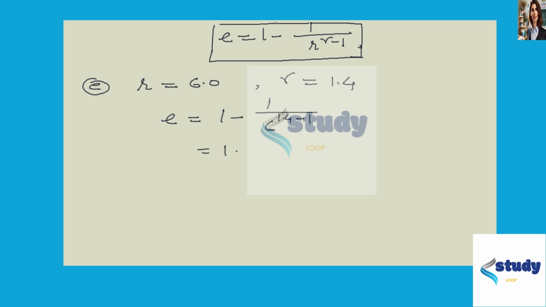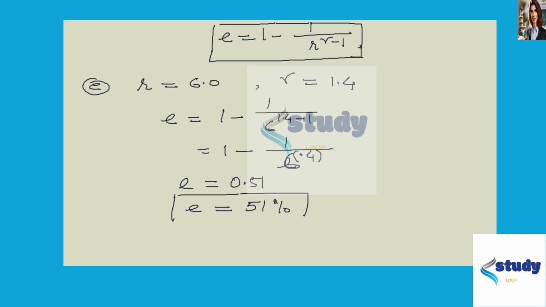So it would come as 1 minus 1 upon 6 to the power 0.4. So simplifying, we get E equal to 0.51, or in terms of percentage, E is 51%. So the efficiency of the engine would come in this process as 51%. So this is the answer and explanation of this question.